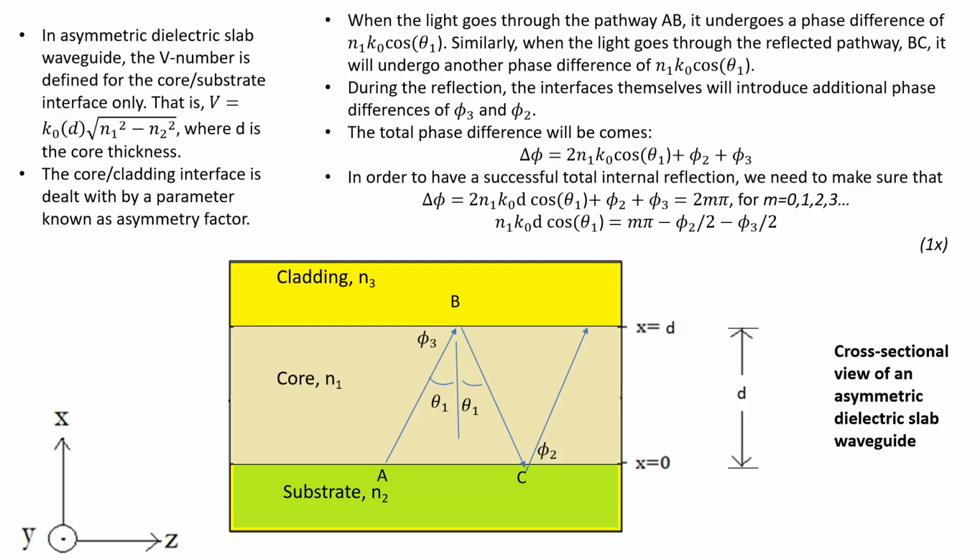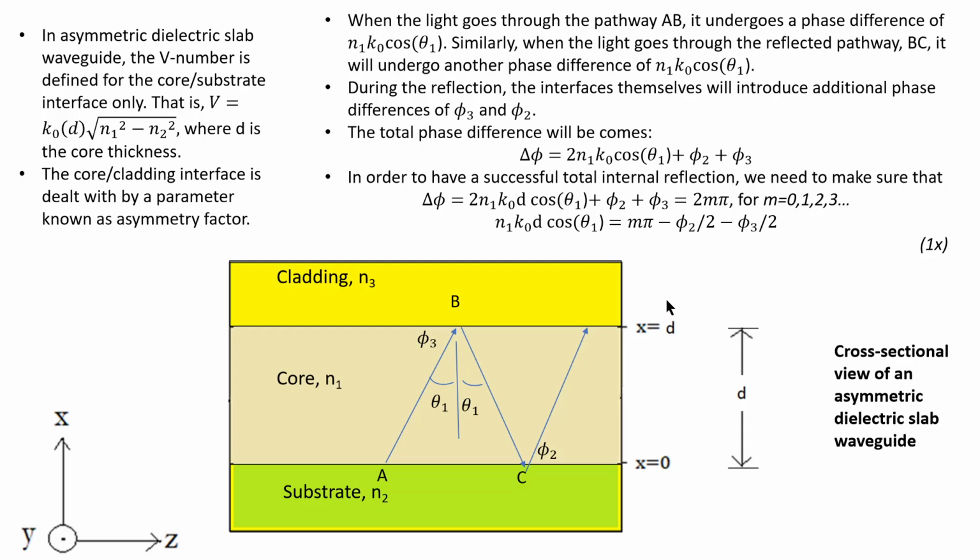So we assume m is equal to 1, 2, 3, and so on forever. Now if you divide the whole equation by 2, we end up with this equation. And this is the starting point of the characteristic equation, the dispersion characteristic. The dispersion characteristic will be derived based on this equation.